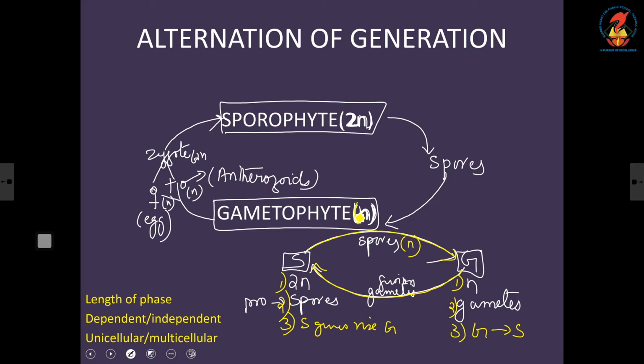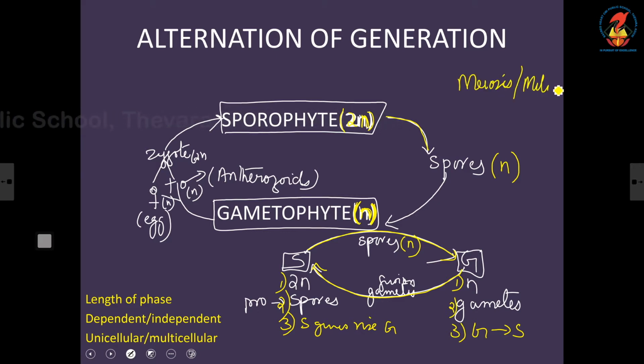You see, the ploidy of the gametophyte is N. How did it become N? It is produced from spores, which are N, and the spores are produced from the sporophyte, which is 2N. So how did 2N become N? By which division? Recollect your divisions, meiosis and mitosis.